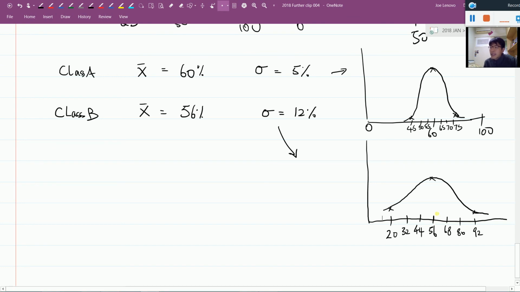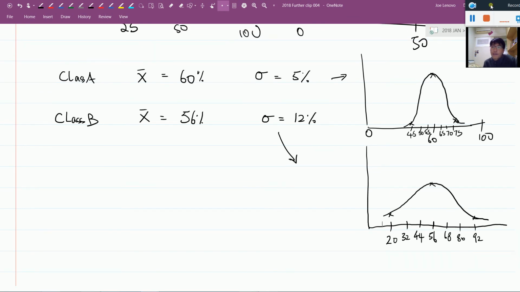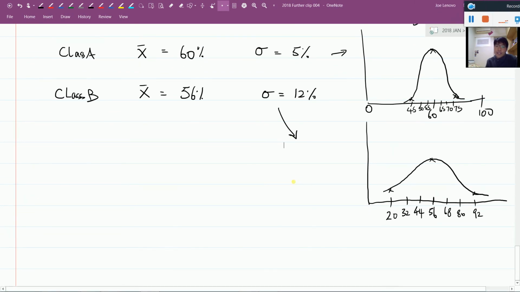Then the next one I'd like to do before we finish in half an hour, we call them standard score or set score.